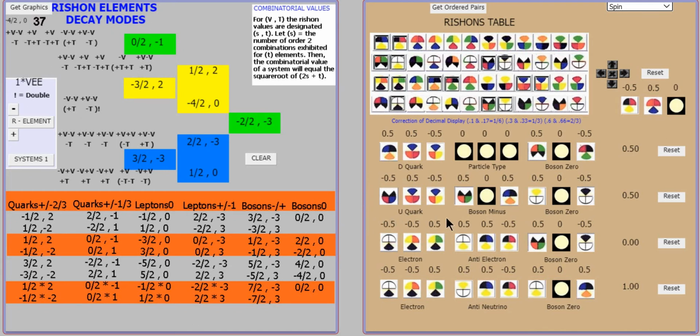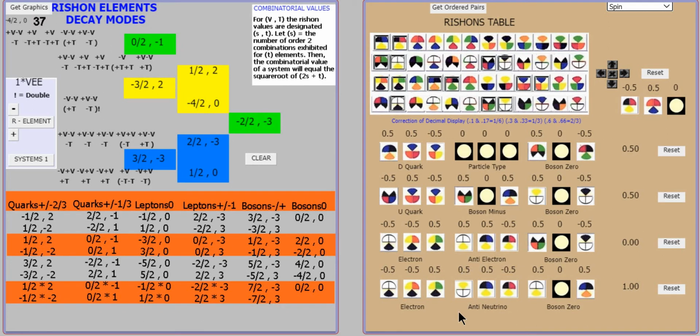The C quark here, we can see after the emission of the spin 1 boson minus is minus 1/2. And if we look at the electron-positron pair, we'll see that they have opposite spins of minus 1/2 and plus 1/2, whereas the WIMP now has a spin of 0.